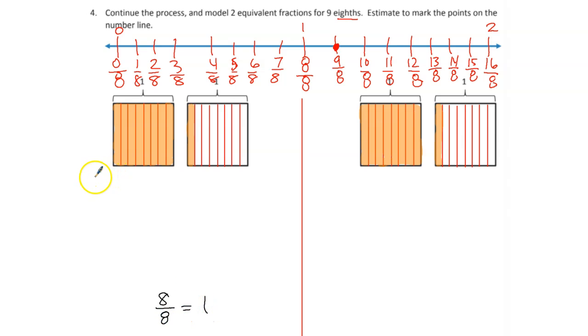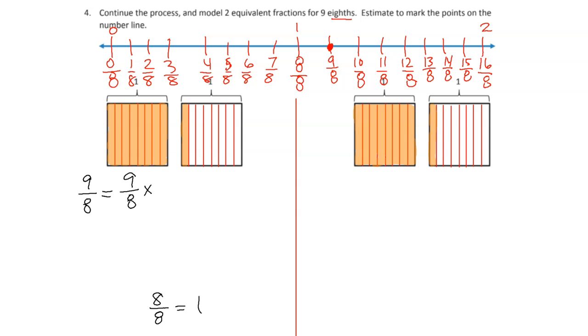So I have 9/8, and I know that 9/8 is equal to 9/8 times, if I want to make an equivalent fraction, I need to make a horizontal partition. In this case, we're going to start off with the easiest one, which is one partition to give us two equal horizontal parts.